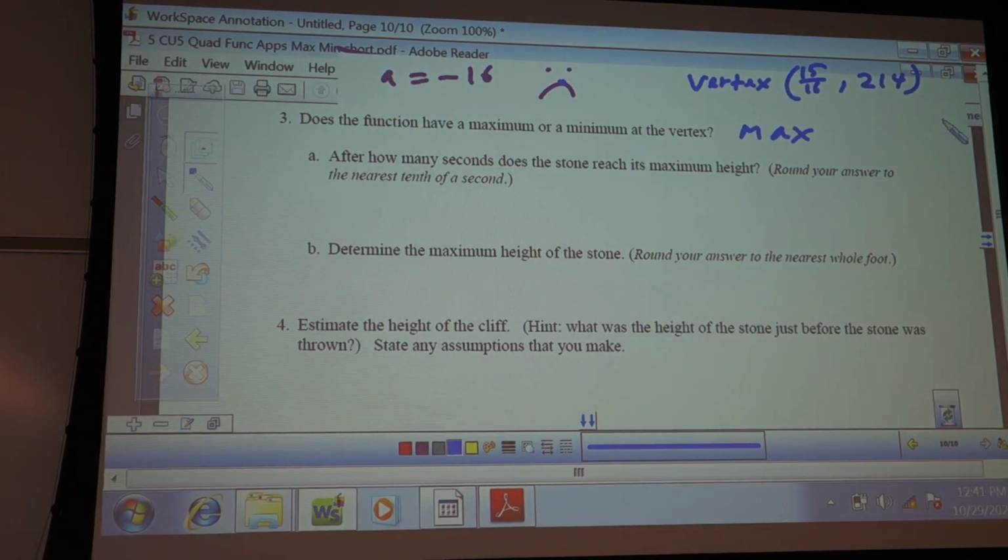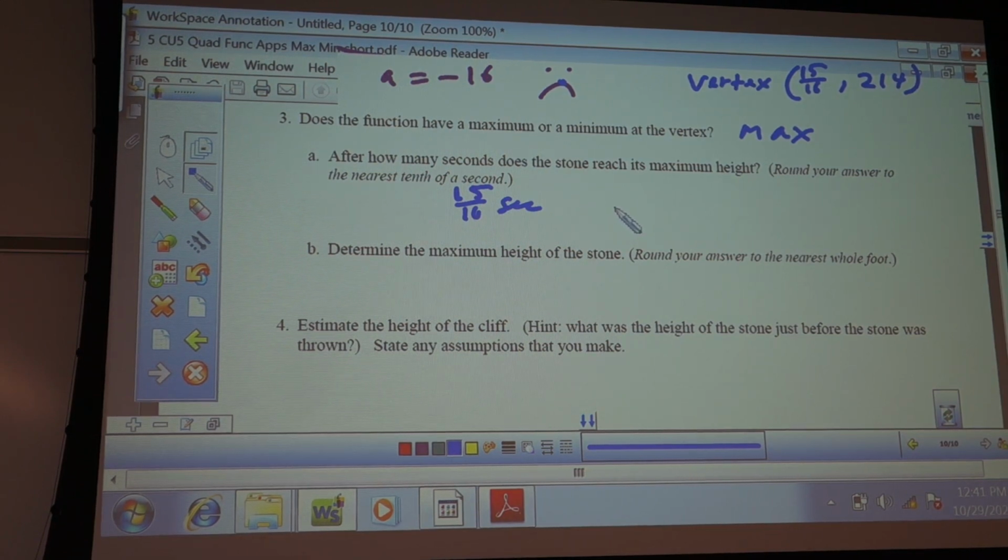The 15/16 is the speed? It's the time. There is no speed in this one. It's the time. So it reaches it at 15/16 of a second, and we said, rounding to the nearest tenth of a second, what was that again? 0.93, okay, and they said tenth of a second, so 0.9 seconds.